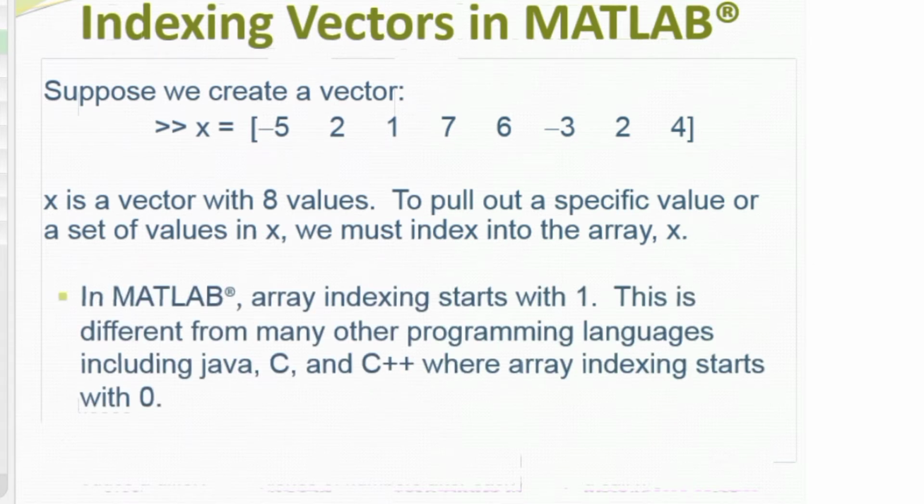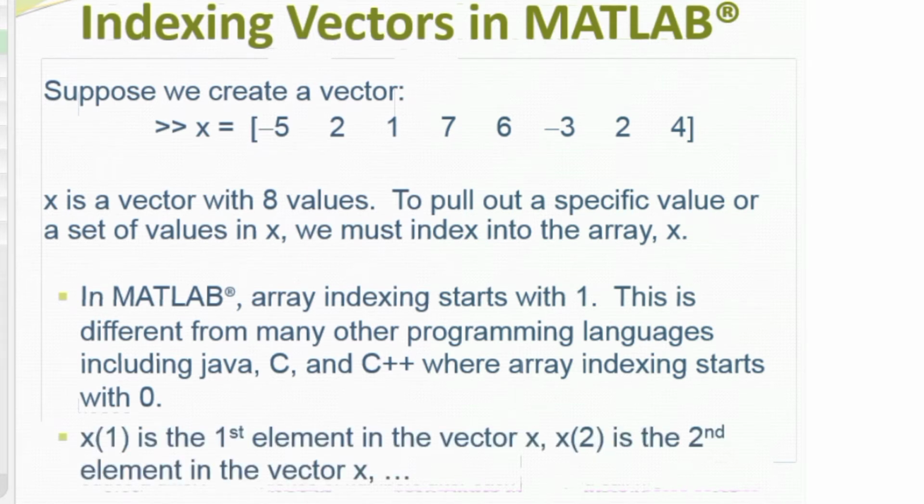In Matlab, array indexing starts with 1, and those of you that have some experience with Java or C are going to find this extraordinarily frustrating until you get used to it, because in those languages, the first element in an array is actually entry 0. But with Matlab, the first element in an array is entry 1.